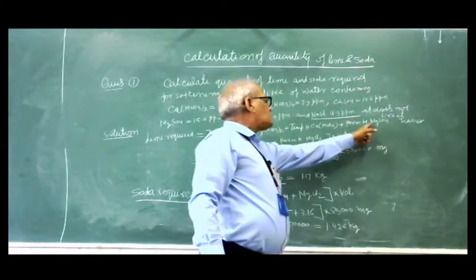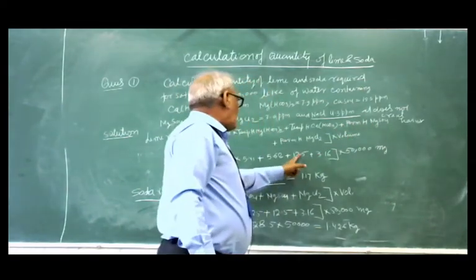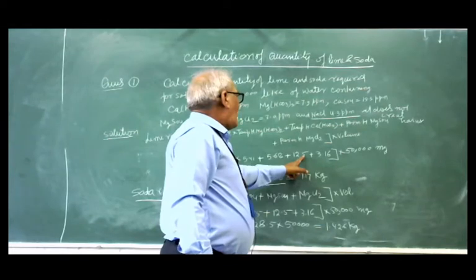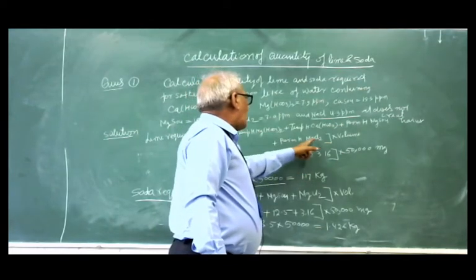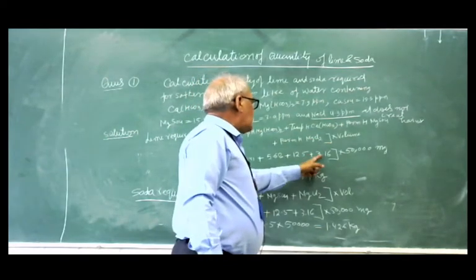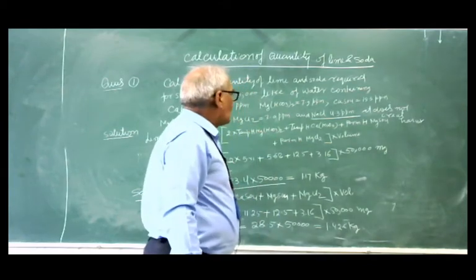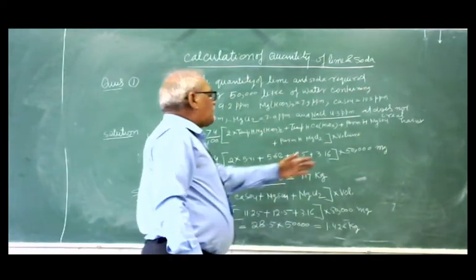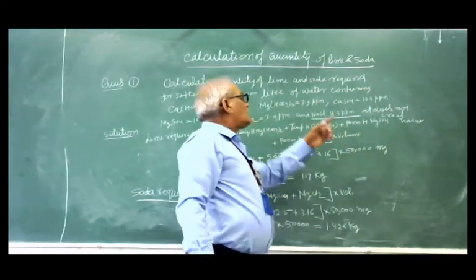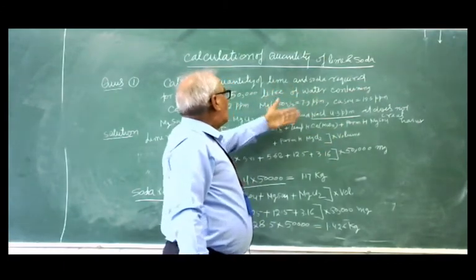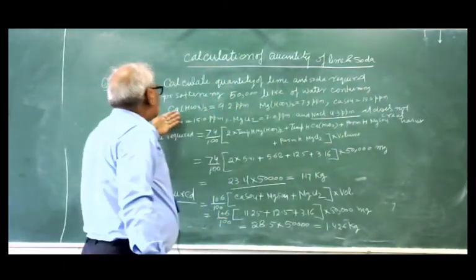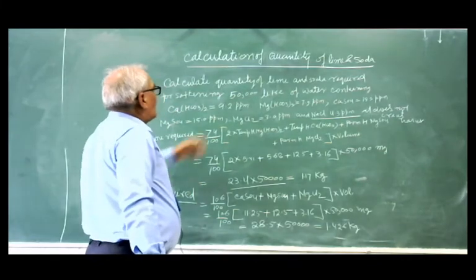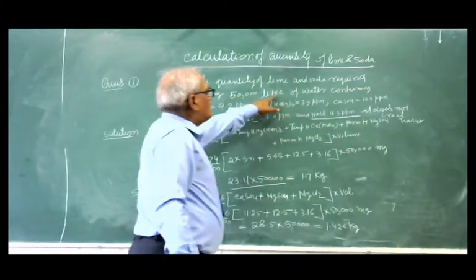Permanent hardness of the magnesium sulfate is 12.5 and permanent hardness of the magnesium chloride is 3.16, multiplied by the volume of the water, here given as 50,000 liters.